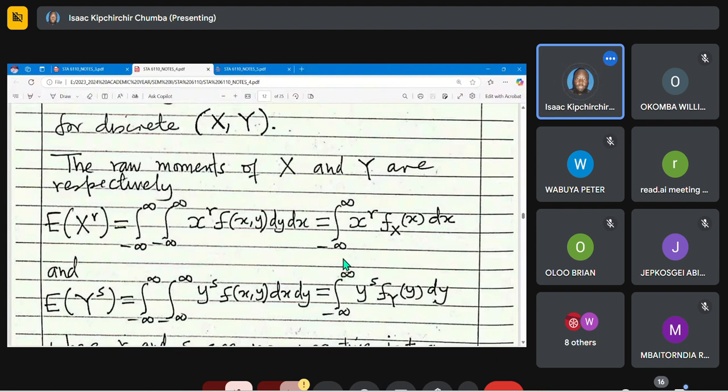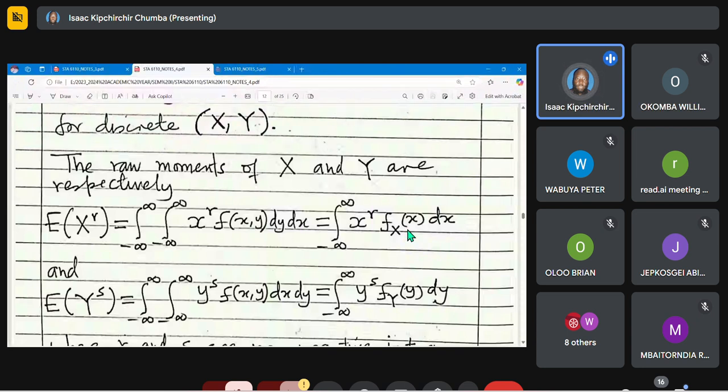It's like saying you can get the moments of X using the joint PDF, or the same using the marginal of X. Formerly, you were just saying x raised to r times f of x, because f of x was the PDF of X. But now, because we are dealing with variables simultaneously, this is the marginal of X.